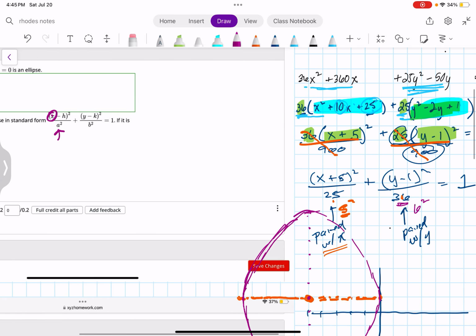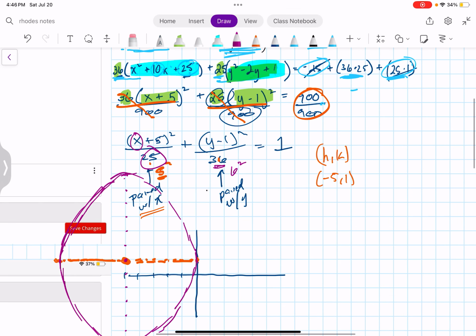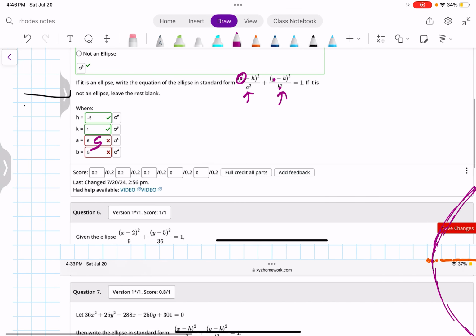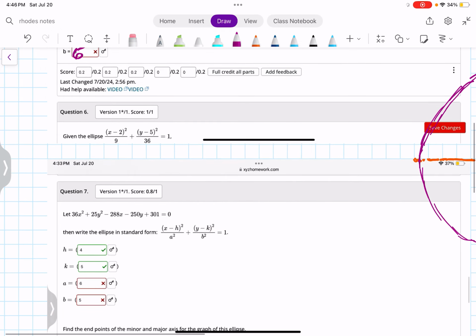So if I come over here, what was stuck with x? It was the 25, or 5 squared. So that's where you want to put a here as 5. And then the same thing, okay, y is with the b. So what was over here with the y? It was the 6 squared. So we'll put b to be 6. So that's the only issue that you have going on there with that one.